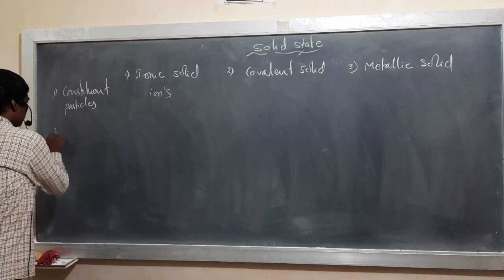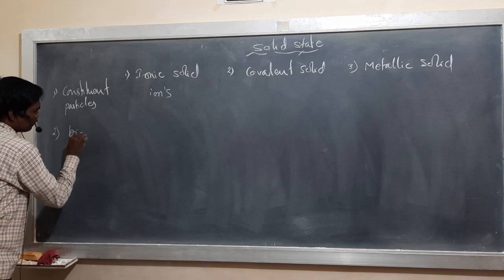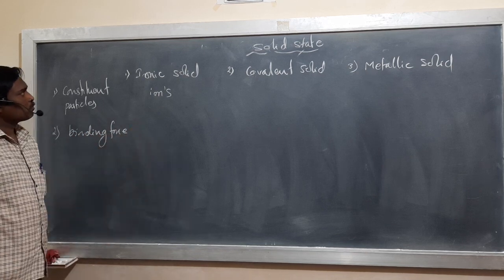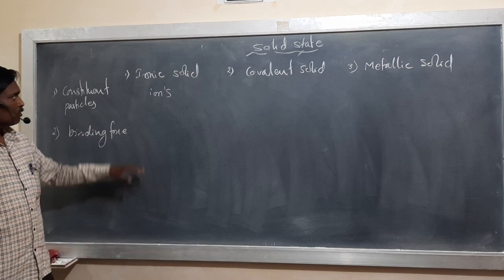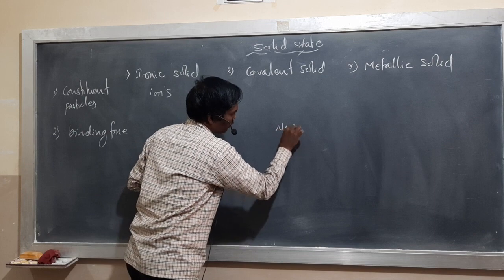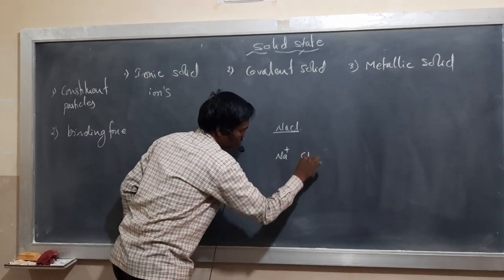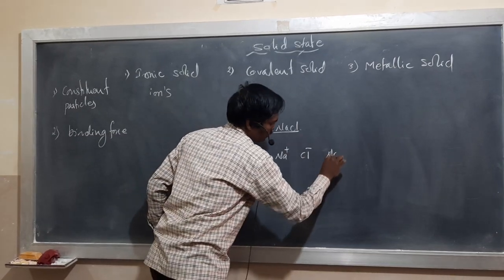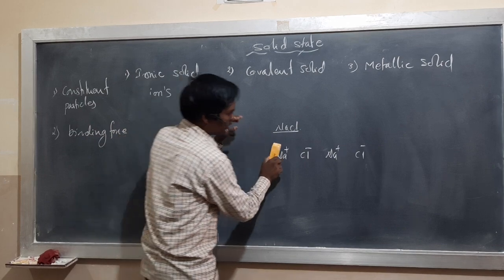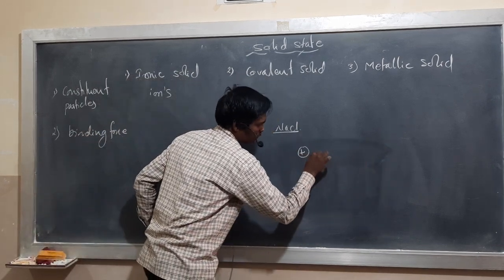The second point is the binding force present between the ions. Let me take the example of sodium chloride. We know sodium is positively charged and chloride is negatively charged.